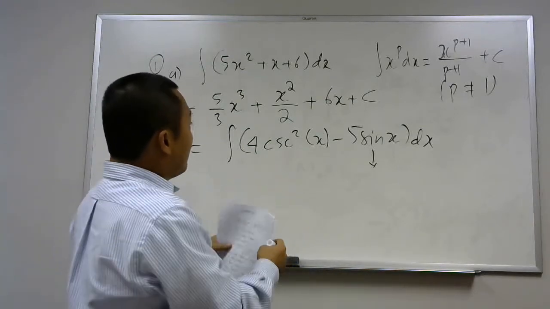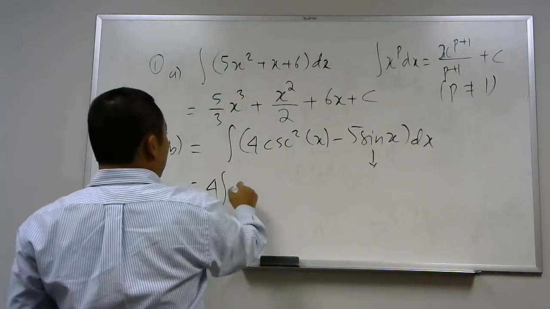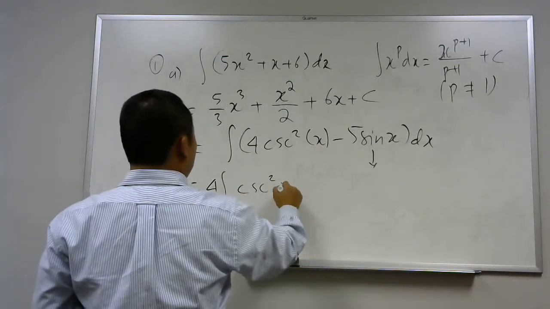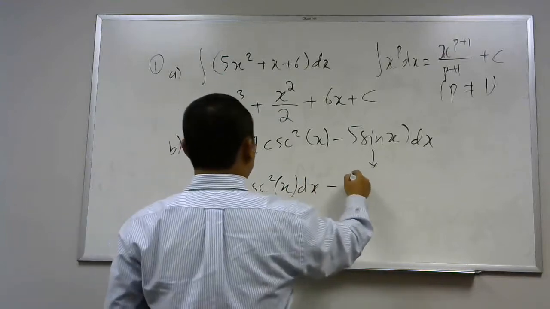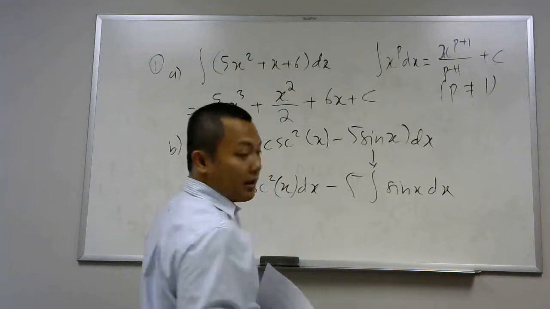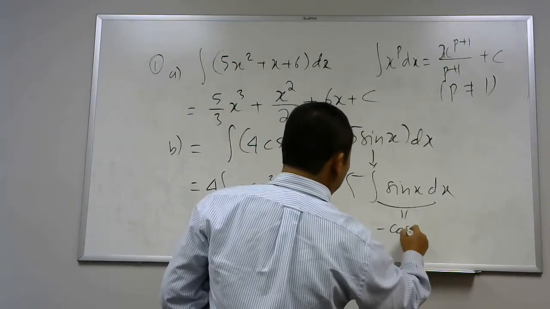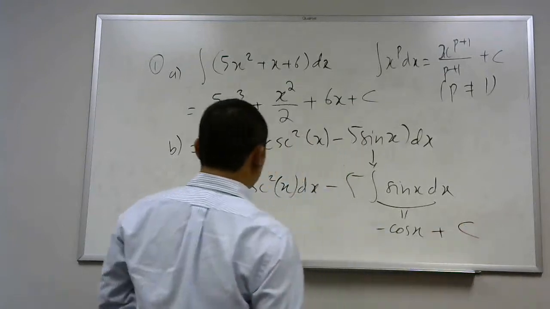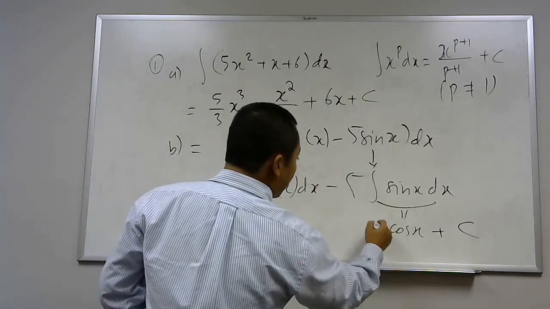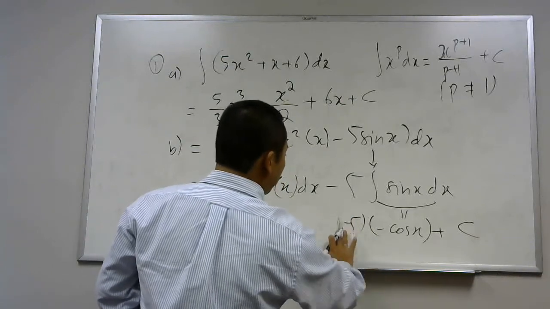So if I break this integral into two integrals, I have 4 times secant squared of x dx, and then minus 5 times the integral of sine of x dx. And the integral of sine of x is just negative cosine of x plus c, negative with negative 5, minus 5, let's say that.